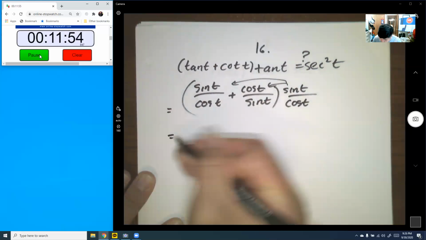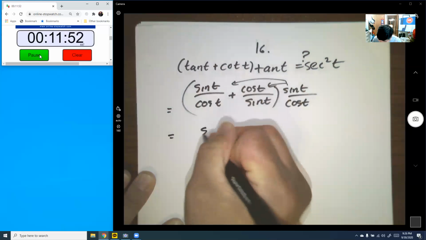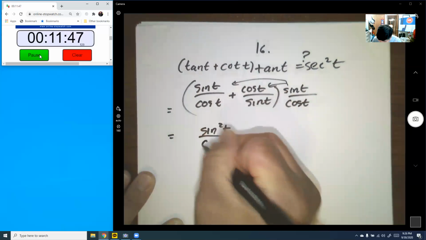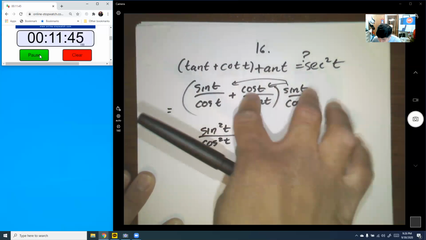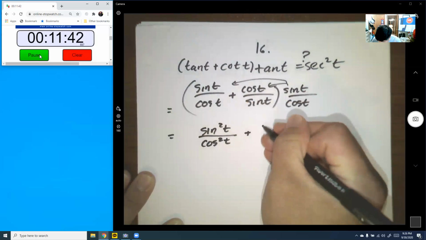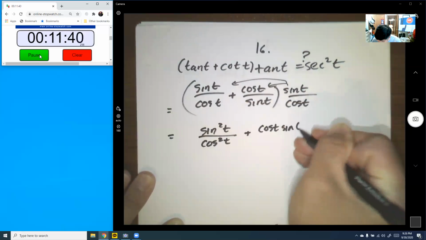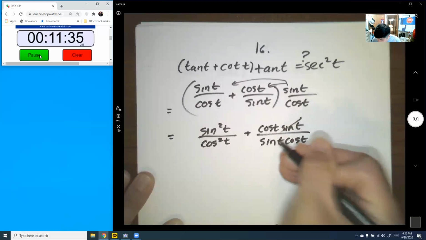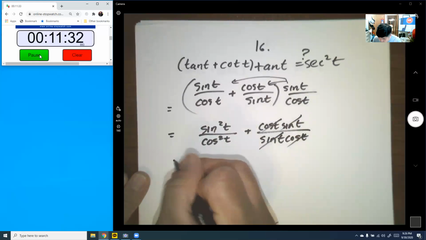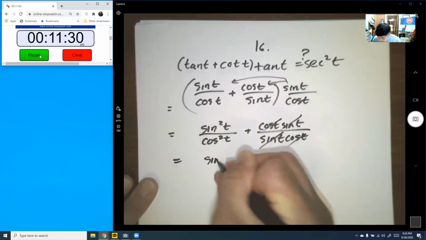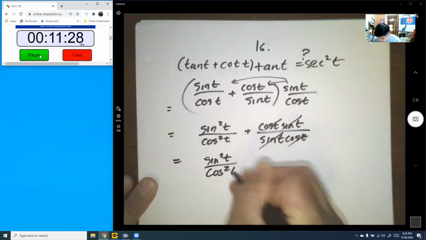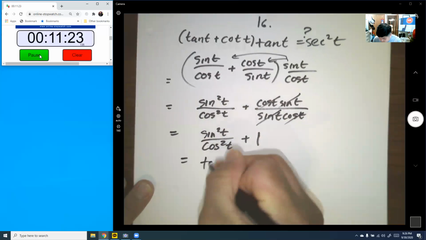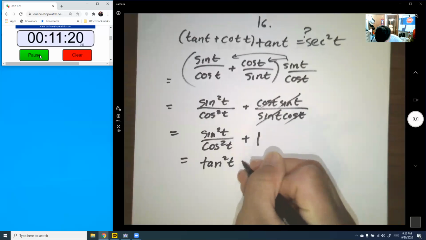I have sine squared t over cosine squared t, plus cosine t sine t over sine t cosine t. The sine t's and cosine t's divide out, so that's tangent squared t plus 1.